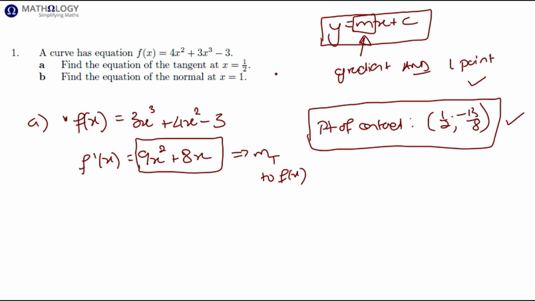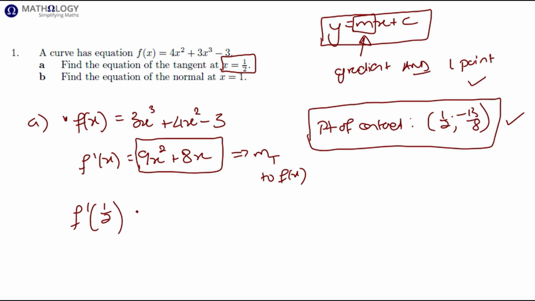Now, if we want to know the gradient of a specific tangent to f of x, we are going to use the point of contact, in this case, x equals a half. That's the x coordinate of the point of contact. So to find the value of the gradient of the tangent to the curve at the point where x equals a half, we're going to substitute x equals a half into the gradient function.